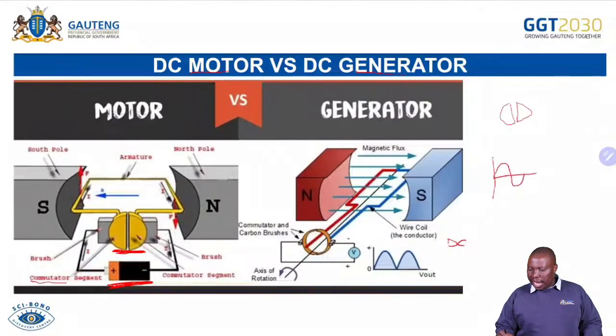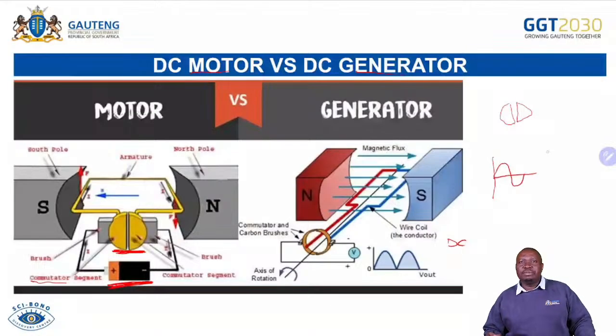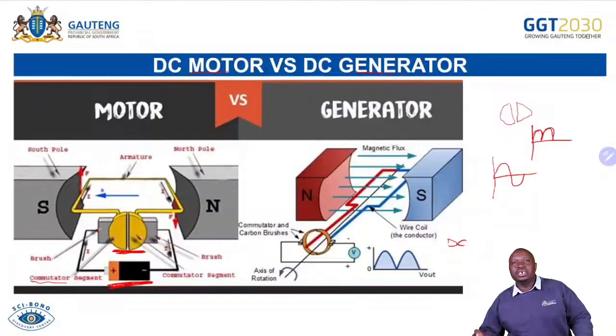It's like your sine graph in maths. You will have a graph that is moving like that, because it shows that it is alternating. But for this graph, we say it's a jumping frog, because direct current is in one direction, there is no change in direction.